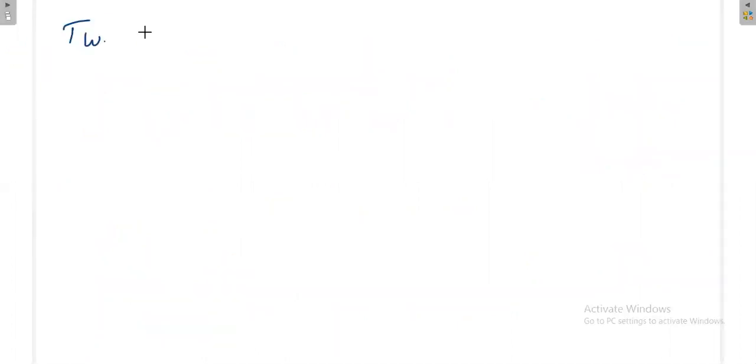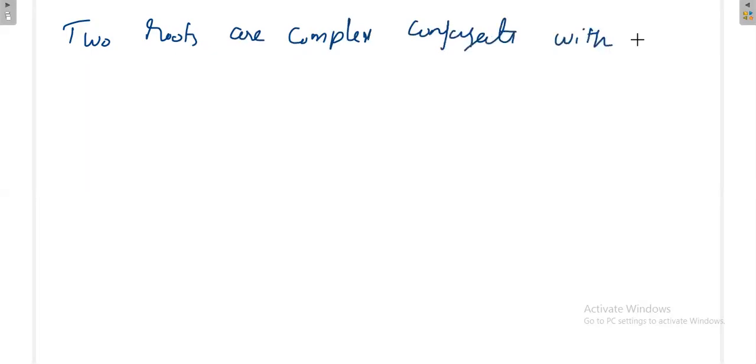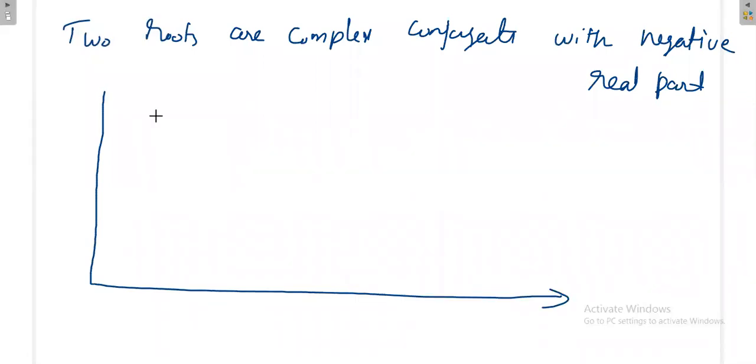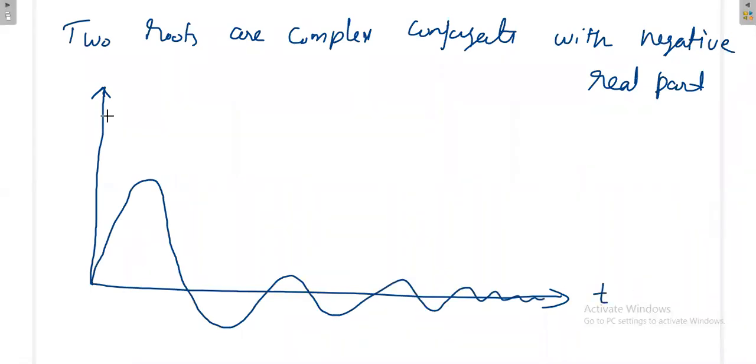The two roots are complex conjugate with negative real part, then the response will be like this. This is the response.